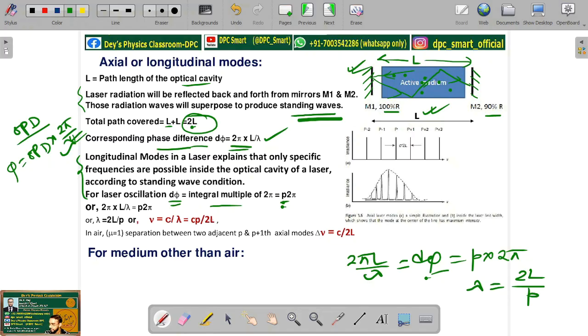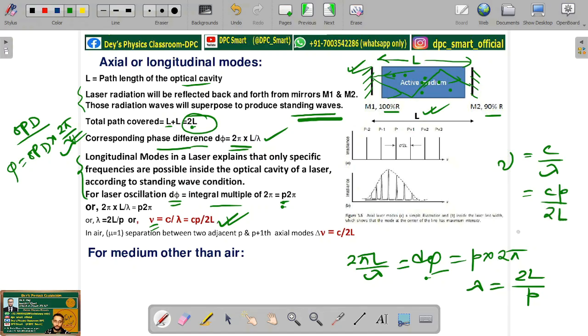So if we get lambda, we can calculate the frequency of the laser radiation, that is nu equals c by lambda, where c is the light velocity in free space. So the corresponding mode or frequency in air would be c p by 2L.